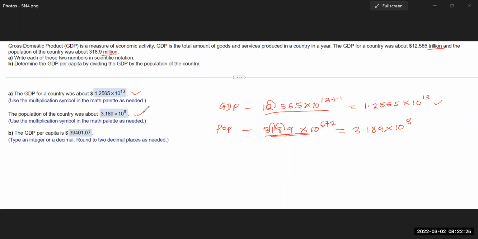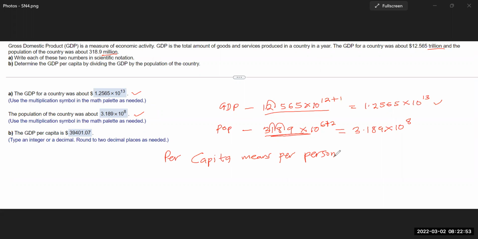Now the last question is the GDP per capita. Per capita means per person. Is that okay? So anytime you have a per capita problem, divide by the population.